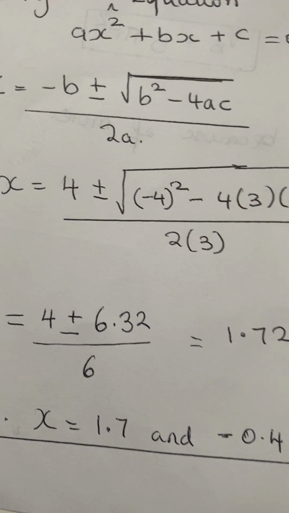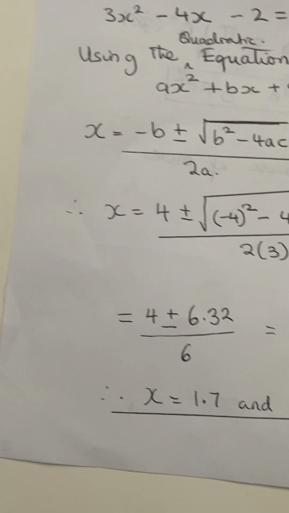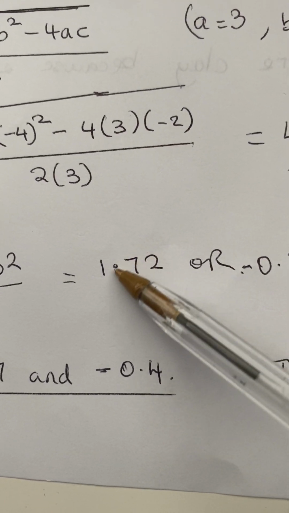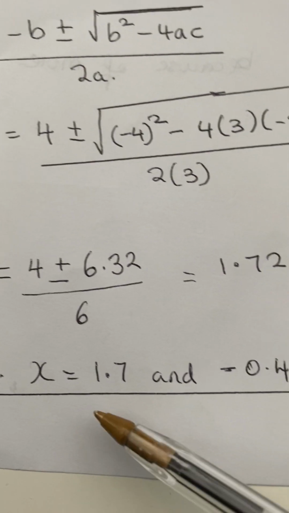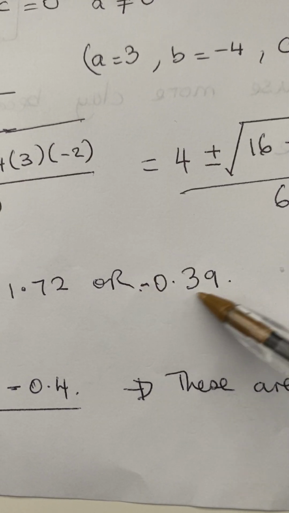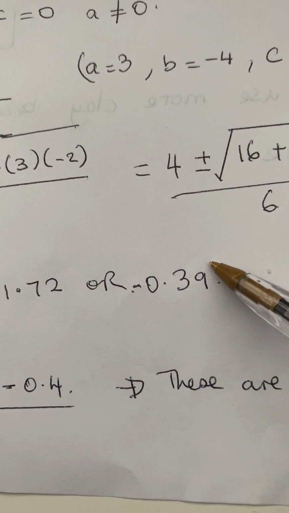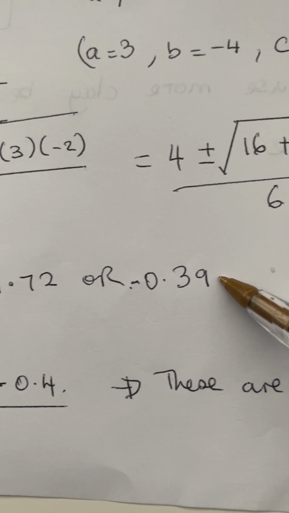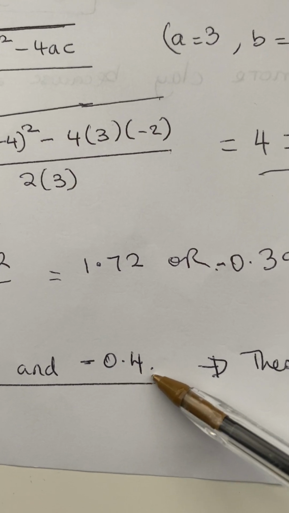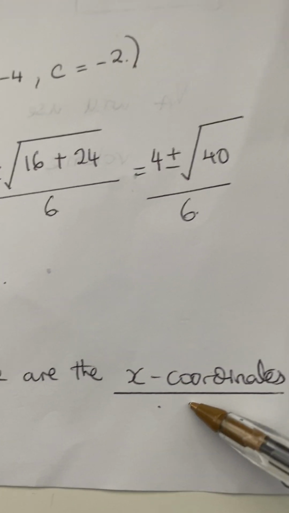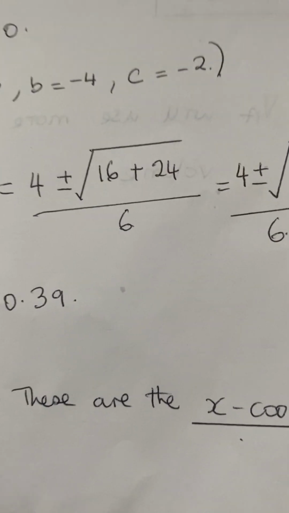But it says leave your answer to one decimal place. So one decimal place of 1.72 will be 1.7. One decimal place of minus 0.39 will be minus 0.4. These are the x coordinates, so you leave your answer this way.